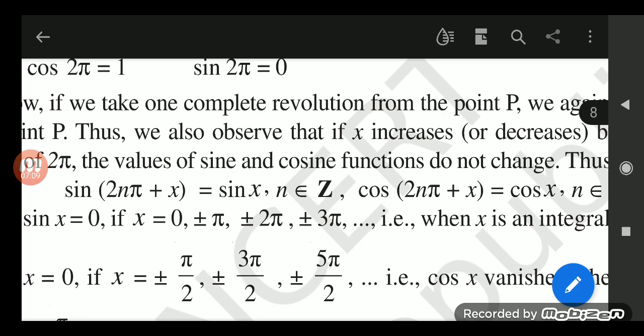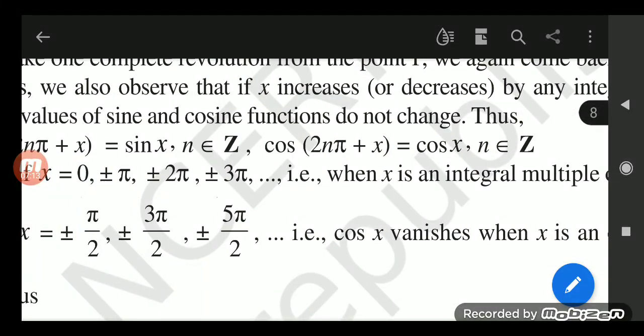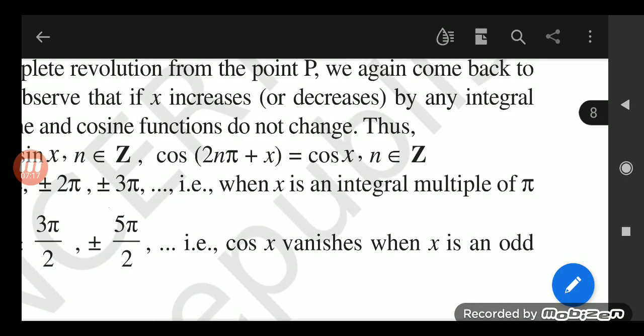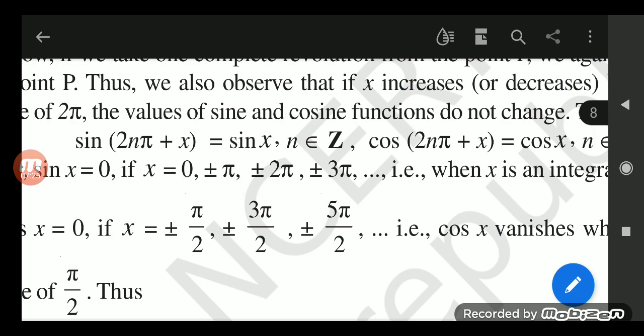Sin(2nπ + x) equals sin x, where n is an integer, and cos(2nπ + x) equals cos x. Let's imagine this: 360 degrees times the number of rotations.